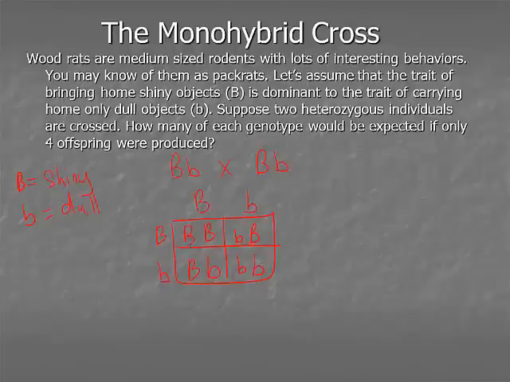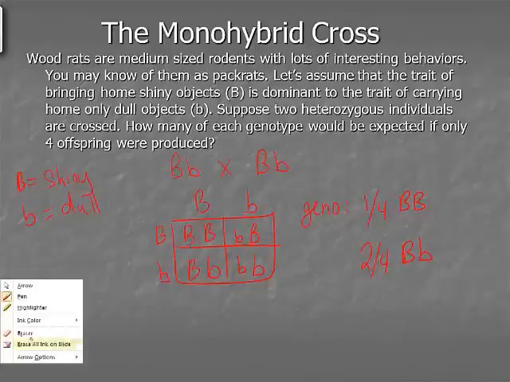Out of these 4 children, the question asks how many of each genotype would be expected. We would see 1 out of 4 homozygous dominant, big B, big B. 2 out of 4 heterozygous, big B, little b.